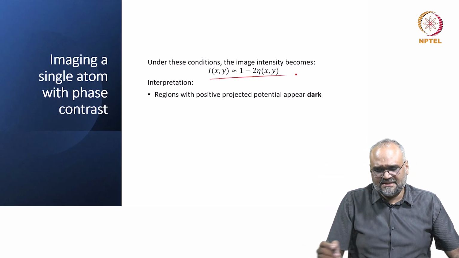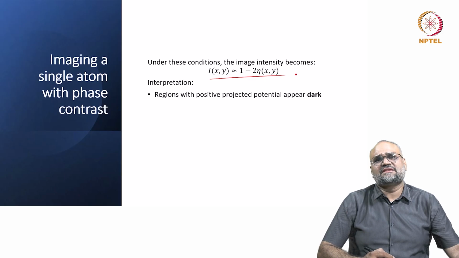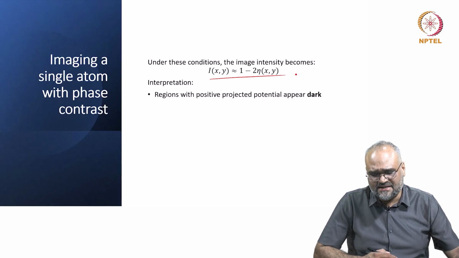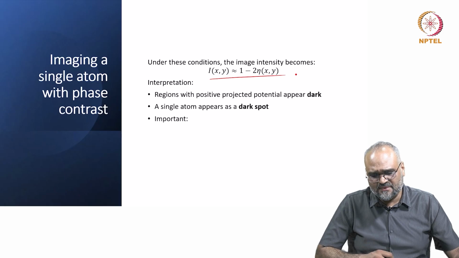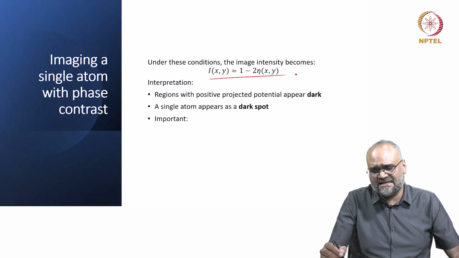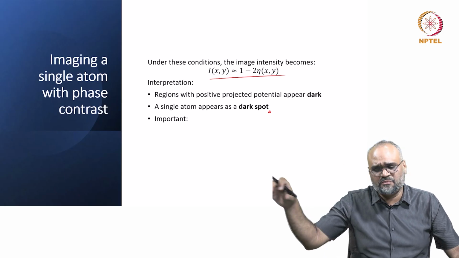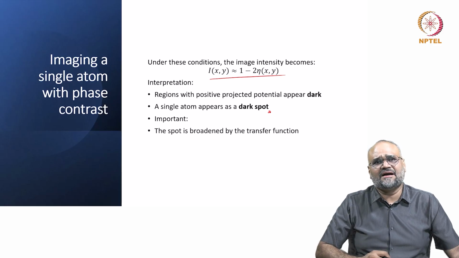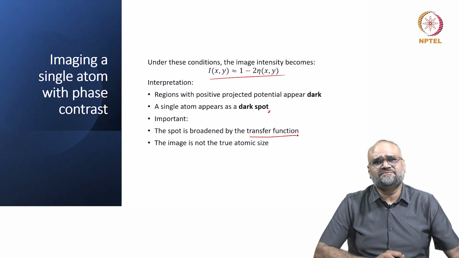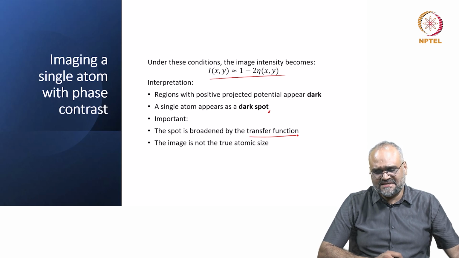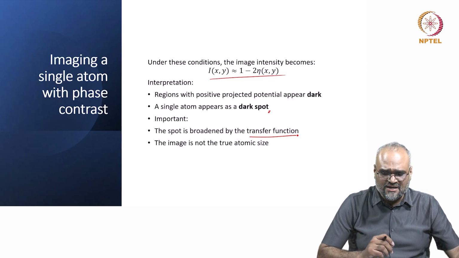And the interpretation is that the regions with positive projected potential appear darker. The single atom appears as a dark spot, and by changing the focus I can switch from a dark spot to a bright spot again, and the spot is broadened by the transfer function. The image is not true atomic size.